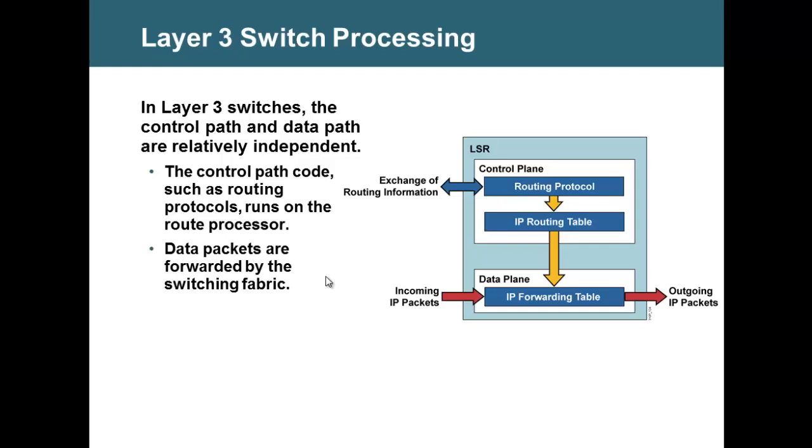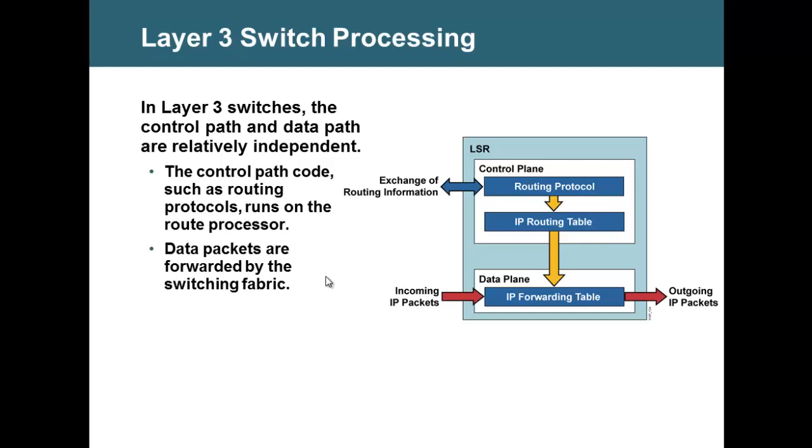That pattern is what is called CEF. The routing decision which was done in the control plane is now done in the data plane itself. So every time the packet is not going through the control plane, it is going based on CEF information, which is downloaded at the data plane level.